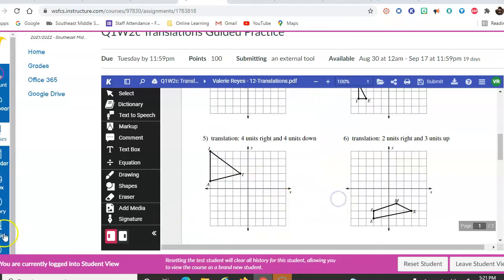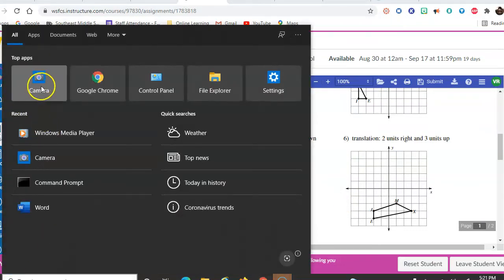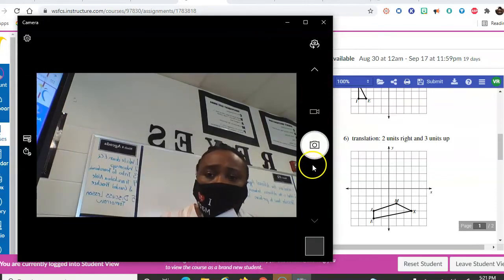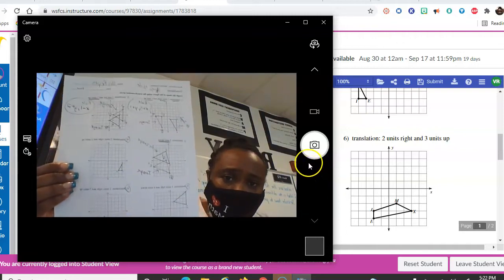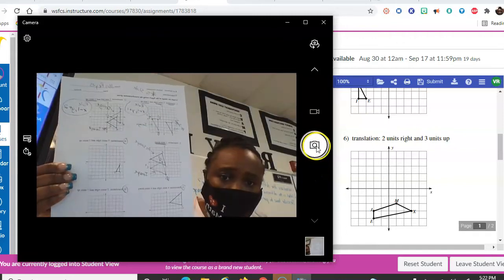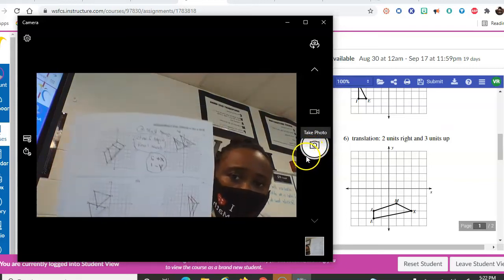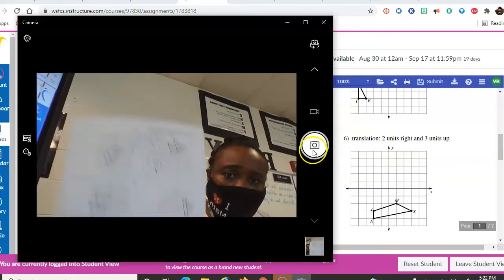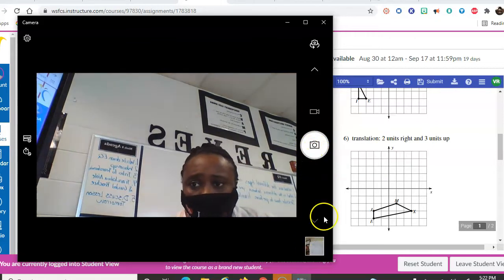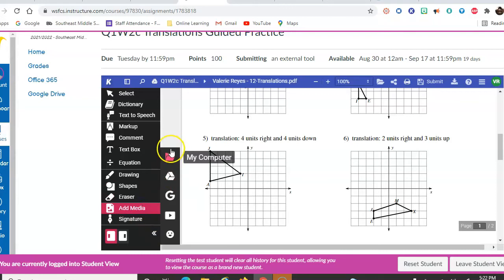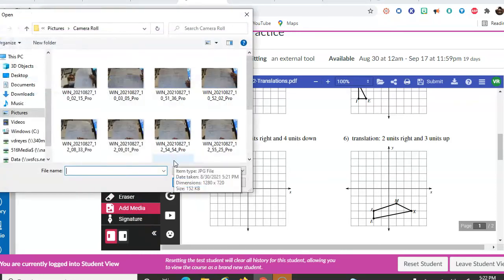So let me delete that. Let me look for my camera again. Let me do that again because I didn't do it right. Okay, on the back side. Go to Add Media again. I wonder where my pictures went.